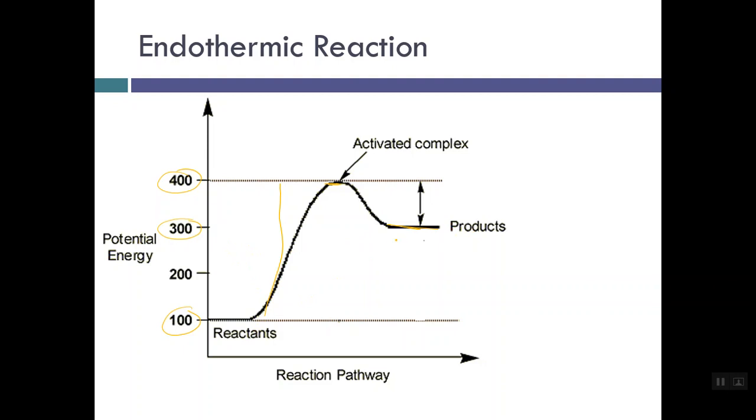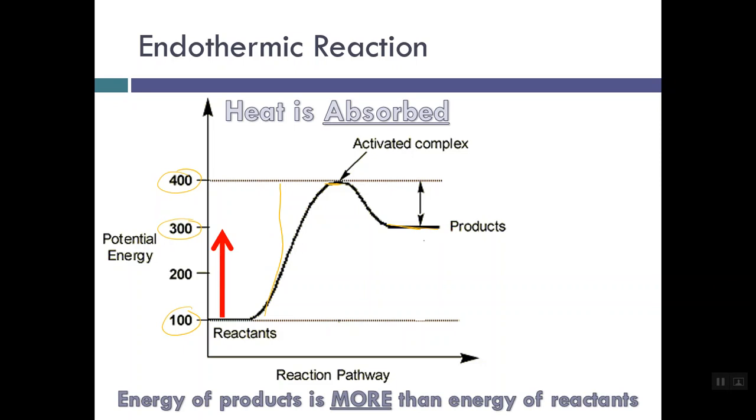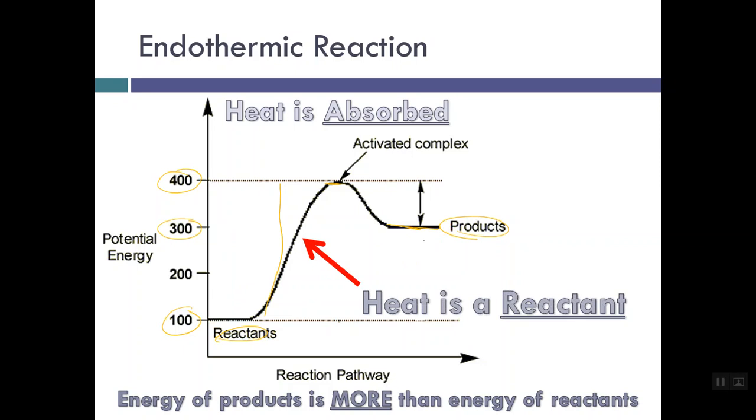So they actually absorbed the energy. That means that the energy is now a product. Or excuse me, it's a reactant. It's on the left side of your equation. So the energy of the products is more than the reactants, and that means it's endothermic. Your products absorbed the energy from the system. So heat is a reactant.